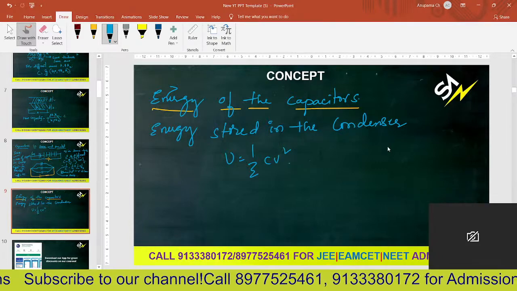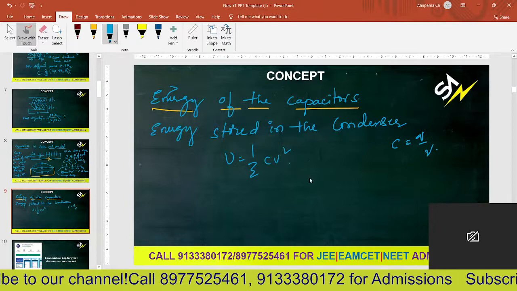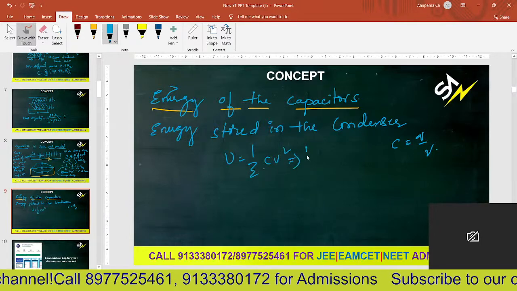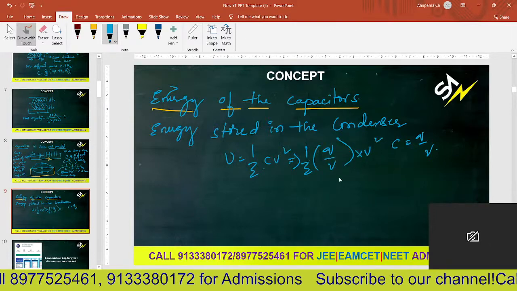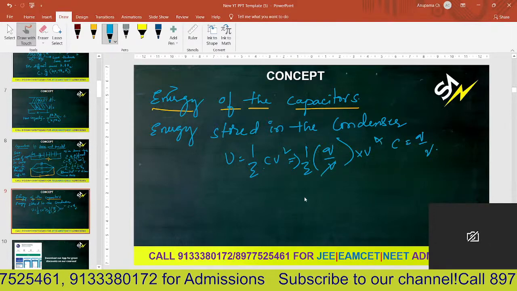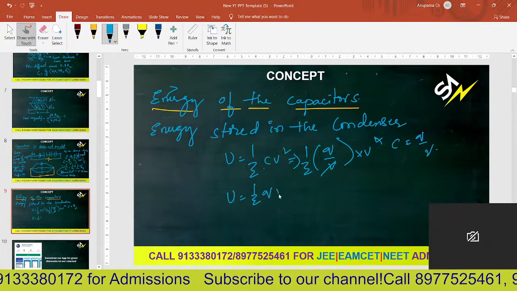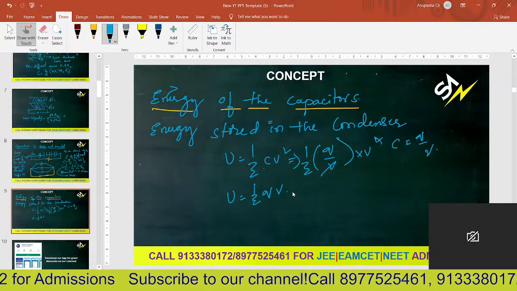Now from the formula C equals Q by V, if you put Q by V in place of C, let us see what we will get. Half Q by V into V square. One V will go off. Then you will get U equals half Q into V.